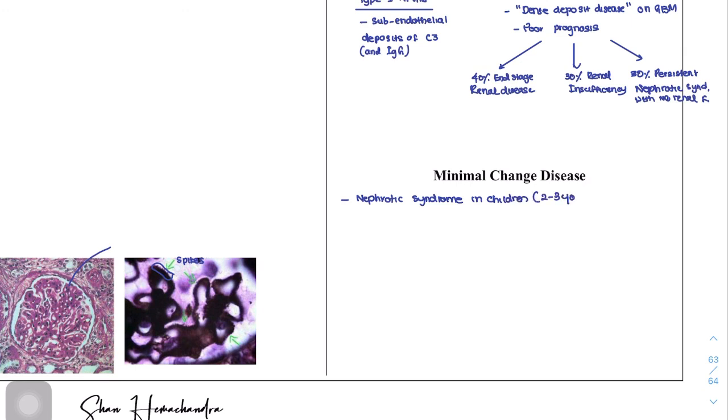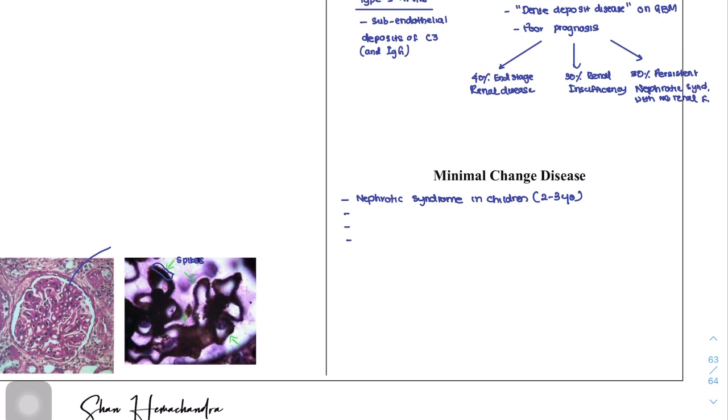Usually 2 to 3 year olds. And what is important is glomeruli have normal appearance, and the cause is idiopathic.